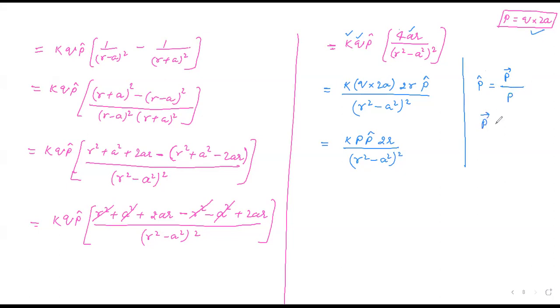Then we can write vector P is equal to unit vector of P into P. This is the same, or not? Yes, sir. So in place of P into unit vector of P, we can write vector P. We replace it again: K vector P 2R over (R square minus A square) whole square. Are you clear? Yes, sir. This is the general equation of E.